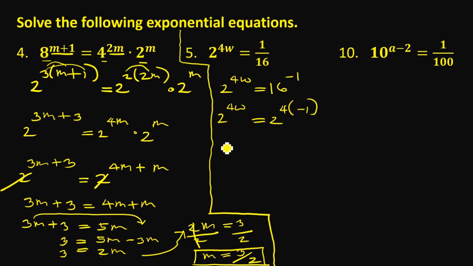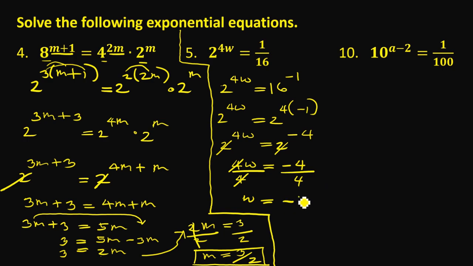So we have 2 raised to 4w equals 2 raised to negative 4, since 4 times negative 1 is negative 4. Then cancel the base and copy the exponents. 4w equals negative 4. Then divide both sides by 4. Cancel the 4. Therefore, the value of w is negative 1, since negative 4 divided by 4 is negative 1.